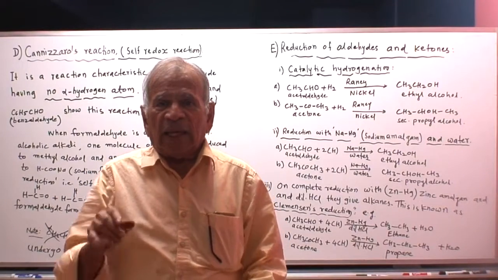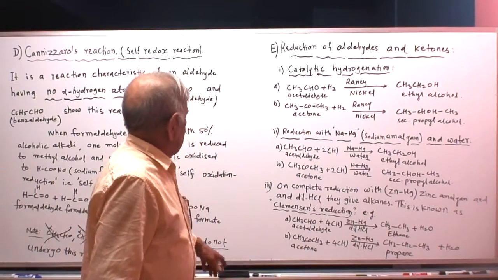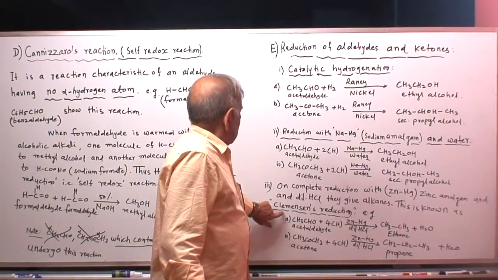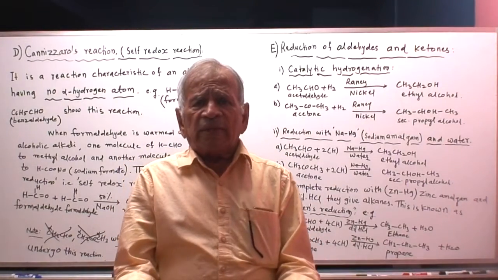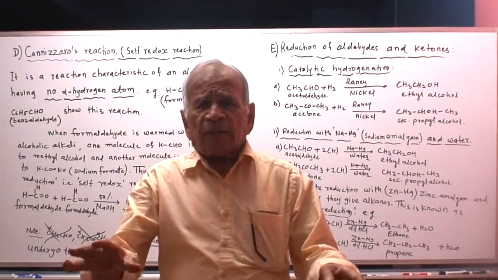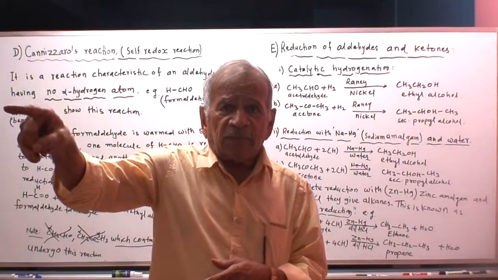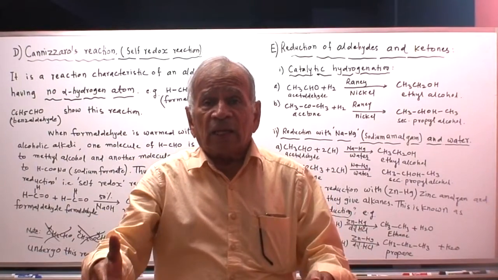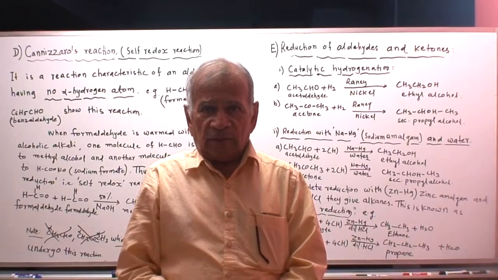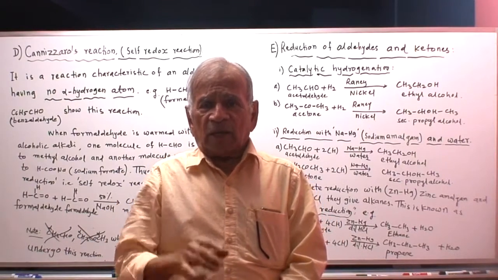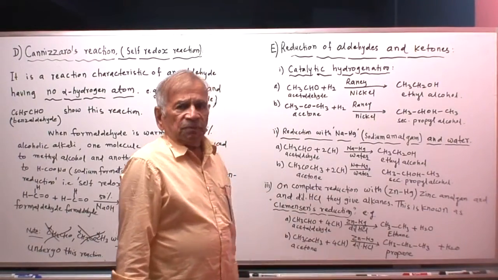It is known as Clemmensen reduction. So, what is Clemmensen reduction? Complete reduction of an aldehyde or a ketone to the corresponding alkane by using zinc amalgam and dilute HCl as a reducing agent, wherein we come across 4H now, not 2H as in the earlier case, 4H.